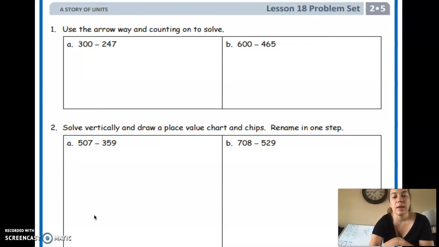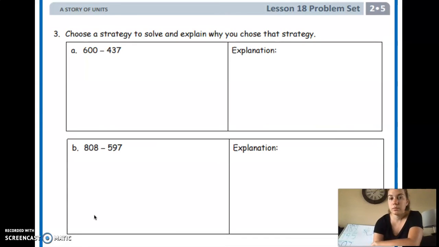And then 708 minus 529. Number 3, you're going to choose a strategy that you'd like to use to solve this problem. So A is 600 minus 437, and B is 808 minus 597.